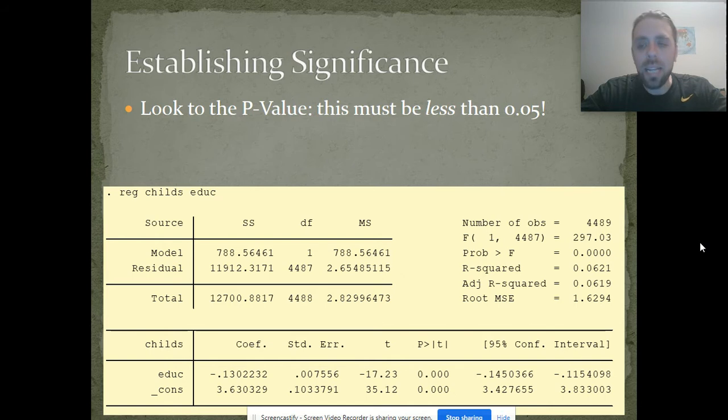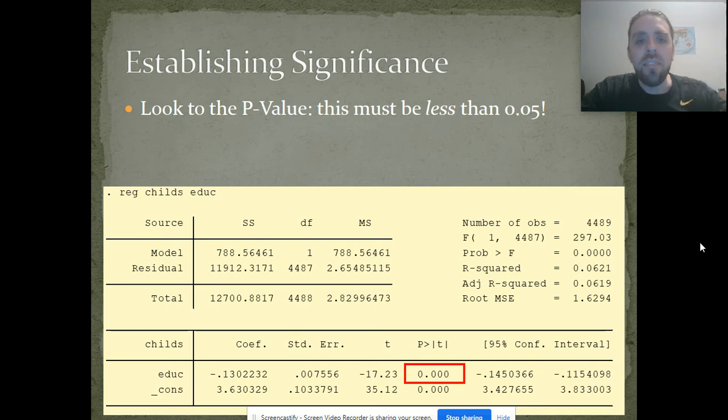Remember how we always set our alpha level, unless we were specifically told otherwise, at 0.05? We're going to want to find the column with the p-value here. That right there is the number you should be looking at to determine whether or not this is a significant finding, because it might not be. You can regress variables and not find a significant relationship.